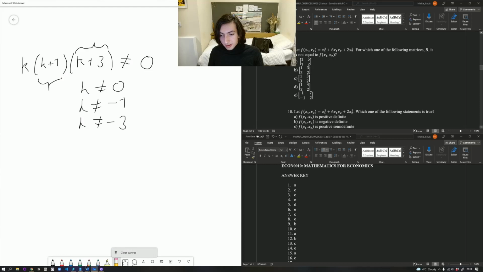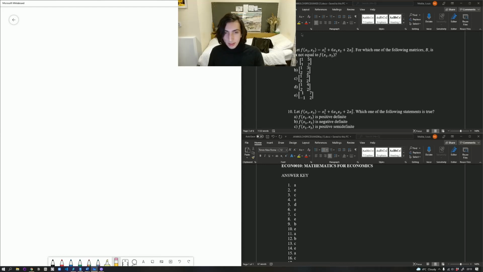To determine which of these matrices works, you essentially have to establish a rule here. If you have a quadratic form that looks roughly like a x1 squared plus b x1 x2 plus c x2 squared, then you want a matrix that looks like this.